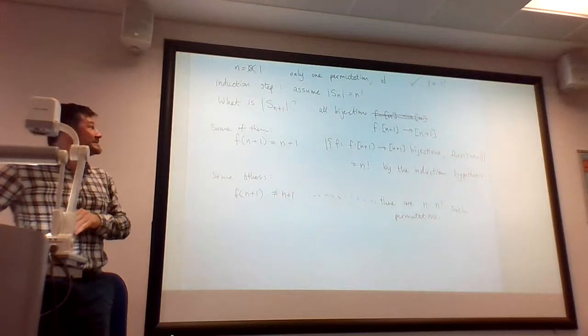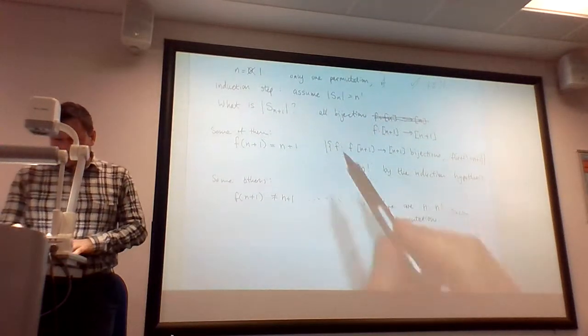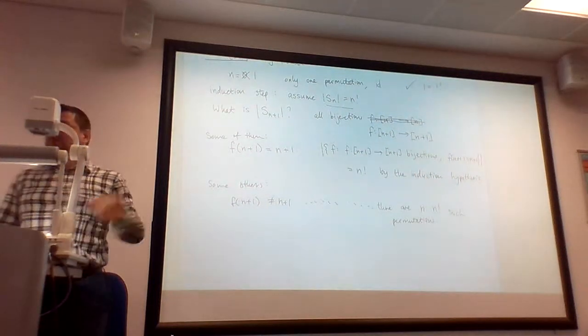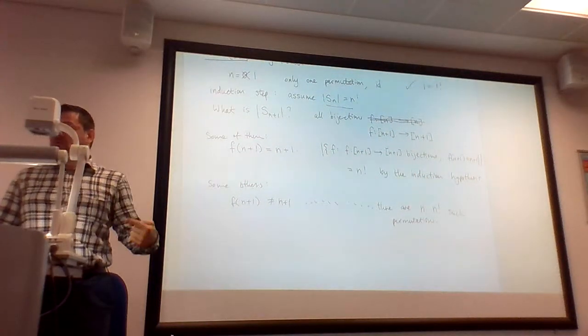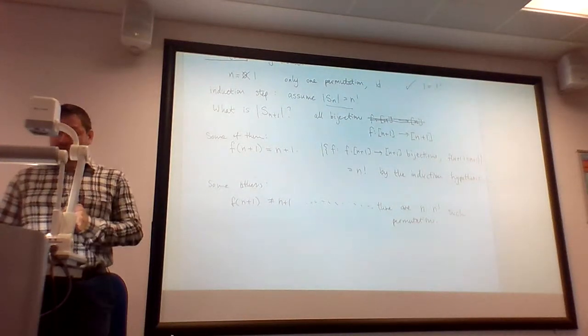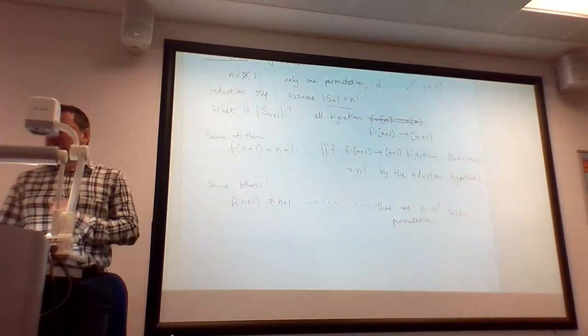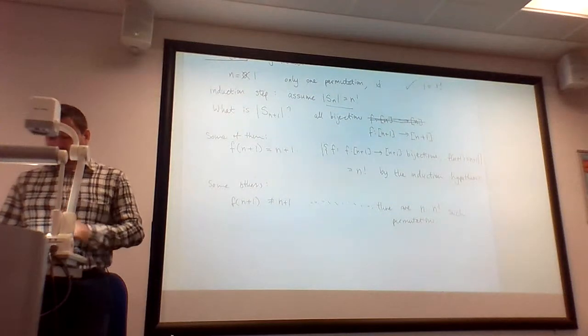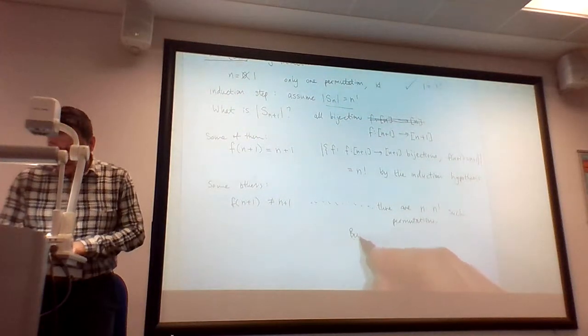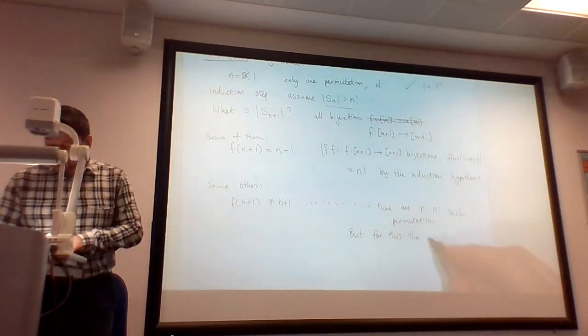but the induction hypothesis doesn't tell you. The induction hypothesis only tells you that when you have 1 to n, the number of bijections on that set is n factorial. It doesn't say anything about two different sets with n elements each. The induction hypothesis is too weak for this.